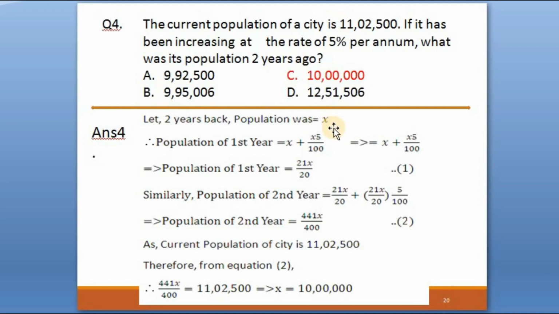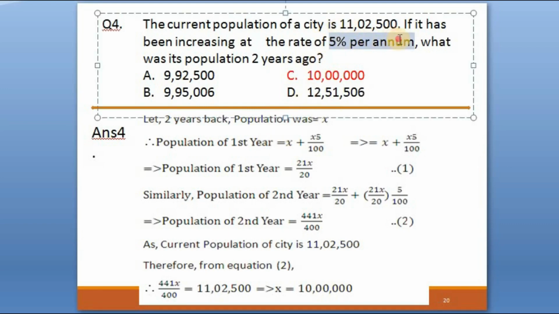So if that population was x, then since population is increasing at 5% per annum, as given in the question, x plus 5% of x, that is x multiplied by 5 divided by 100. So this comes out as x plus 5x divided by 100, right? We will solve this. By solving this we will get 21x divided by 20. So this is our first equation.